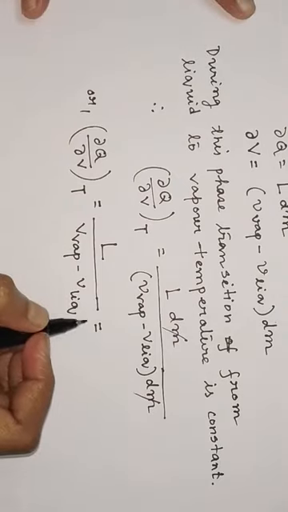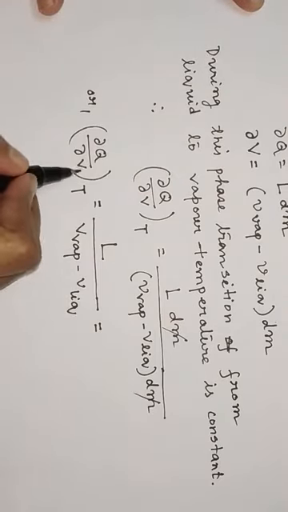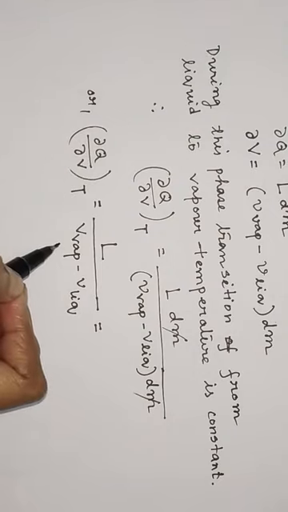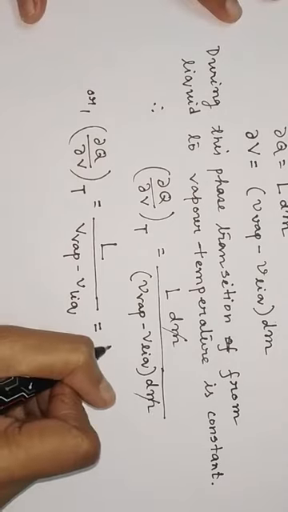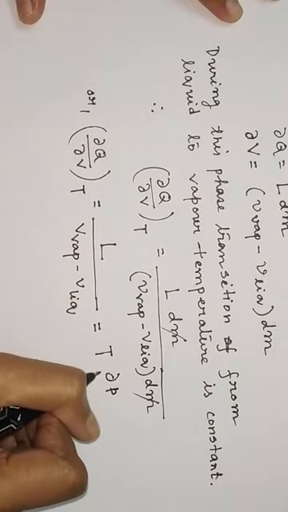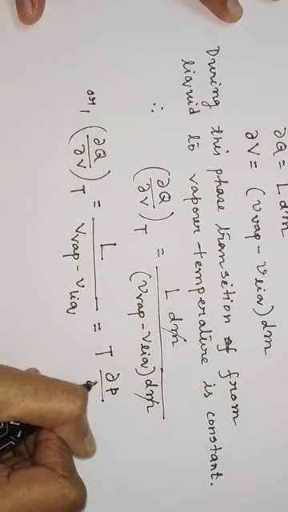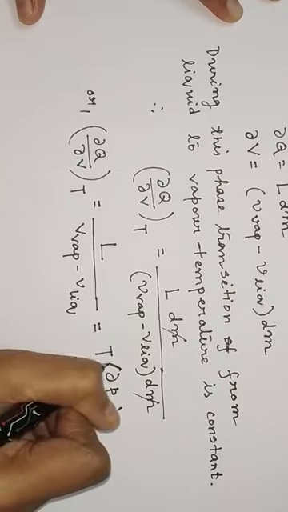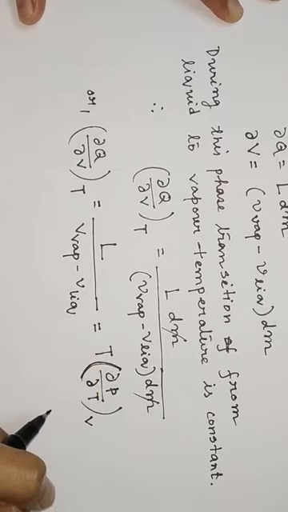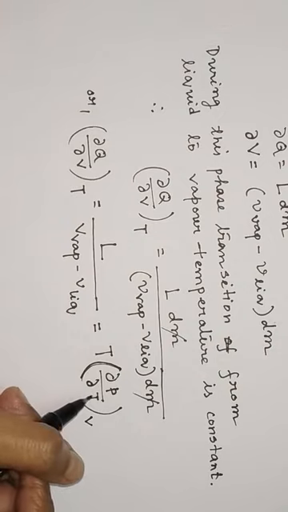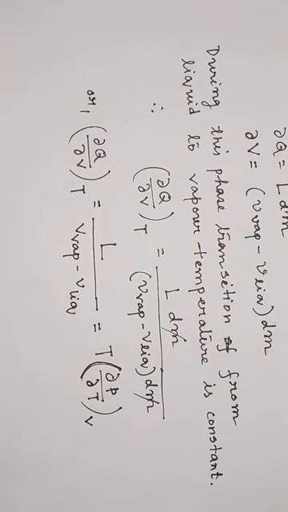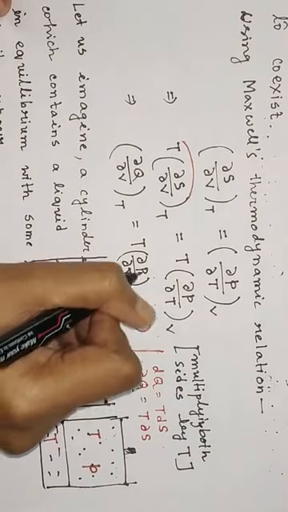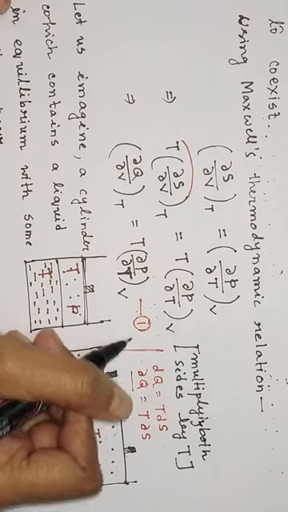Now from equation 1, if you look at equation 1, you will see that this del Q del V at constant temperature is equal to T del P del T at constant V. Here I have written it wrong, it will be del P del T, del P del T at constant V, in equation 1.